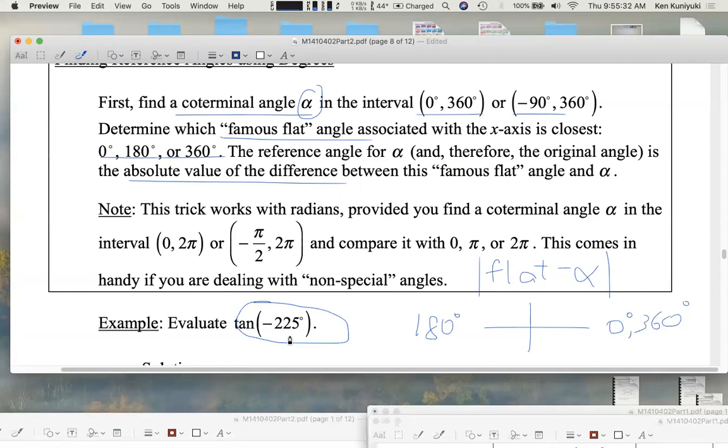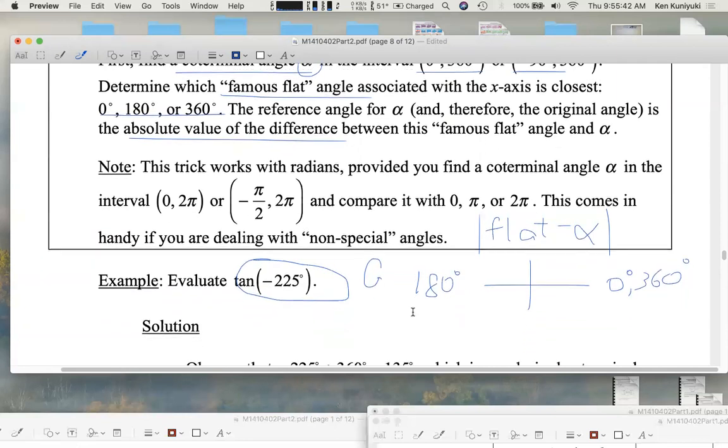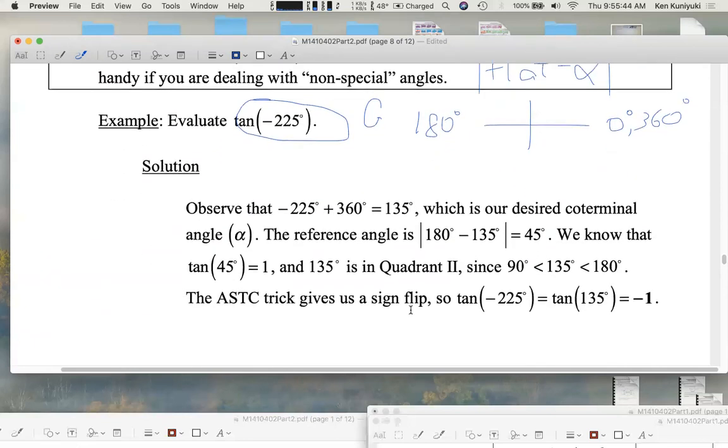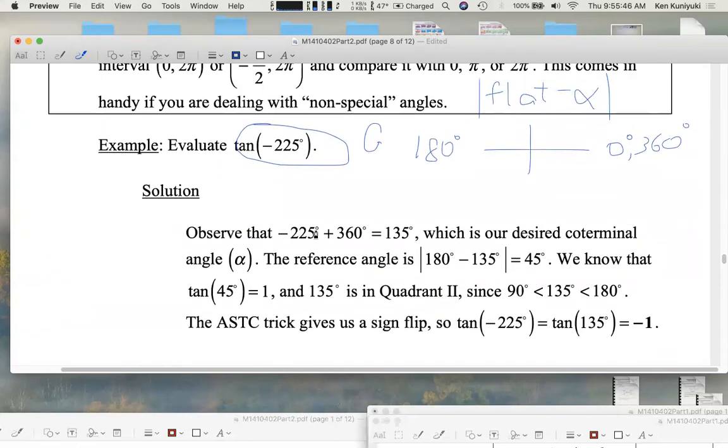And how can we find a coterminal angle for negative 225 degrees? We add how much? We add 360 degrees. When we do that, we observe that negative 225 degrees plus 360 degrees is 135 degrees. That's our value for alpha, the nice coterminal angle.